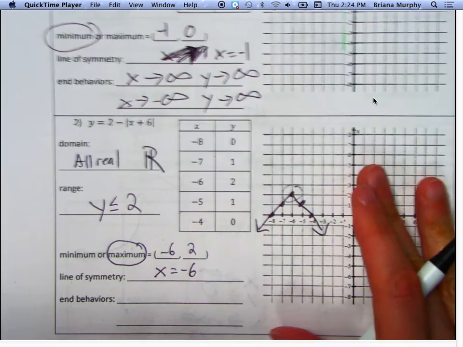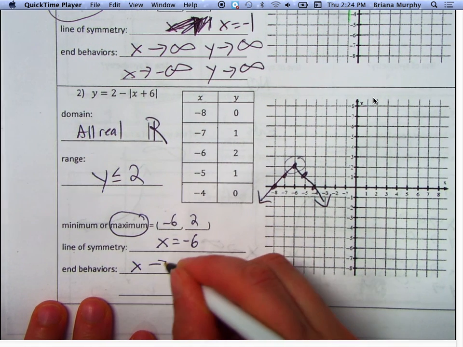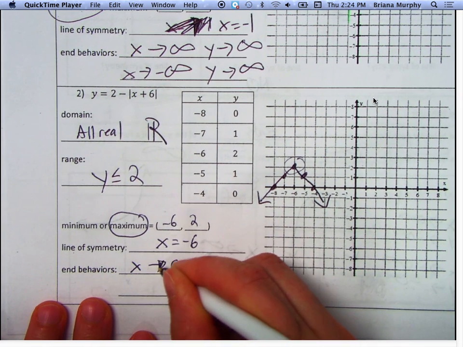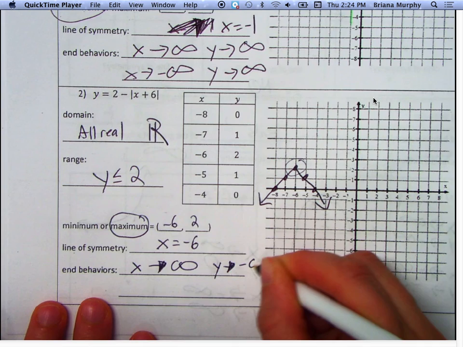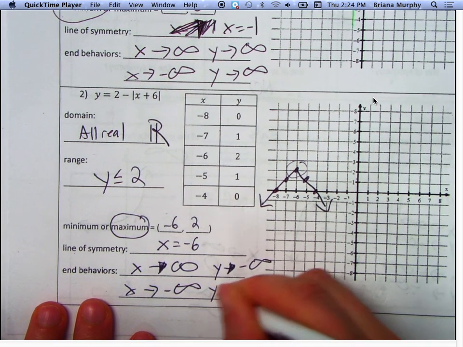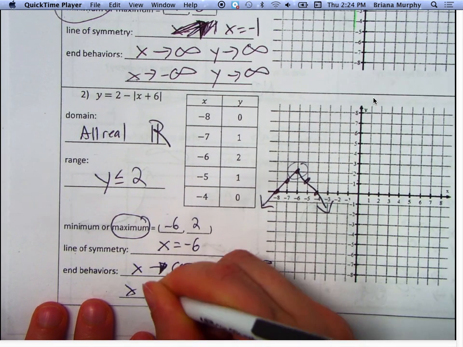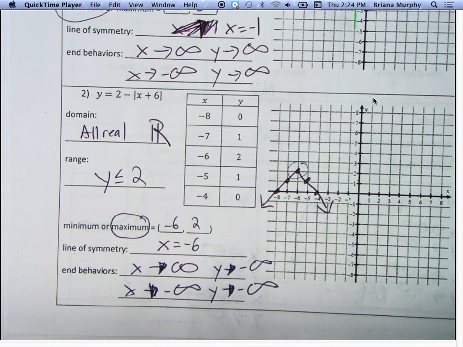Okay, here's the end behavior stuff. X goes to infinity, y goes to negative infinity. Good. And then x goes to negative infinity, and then y goes... You got it. Because if y goes downwards, it's going to negative infinity.